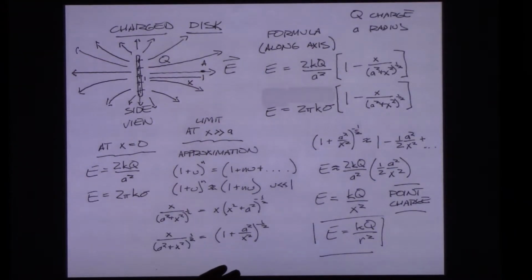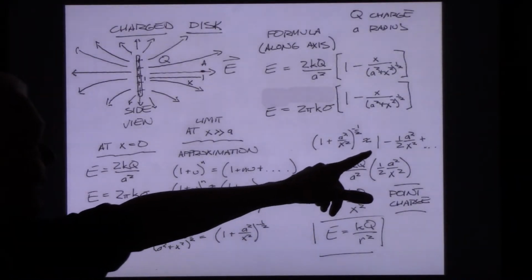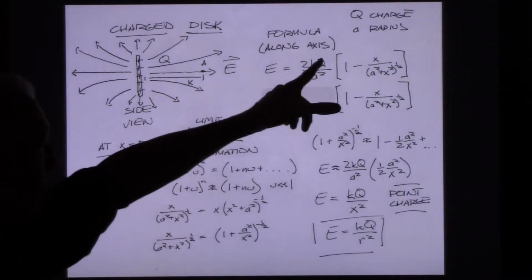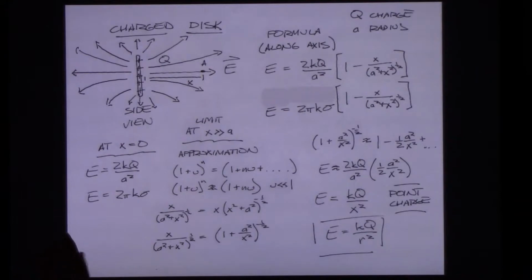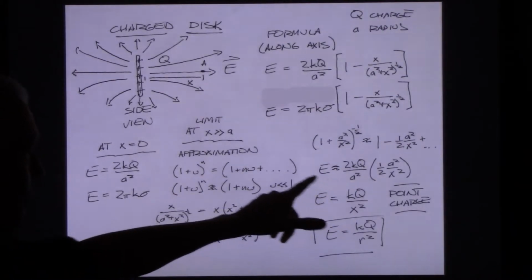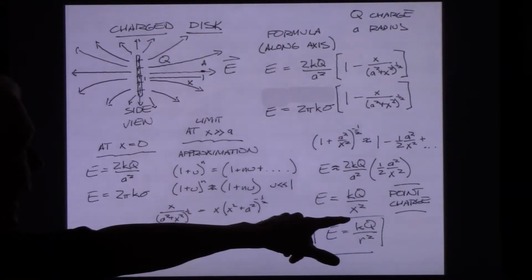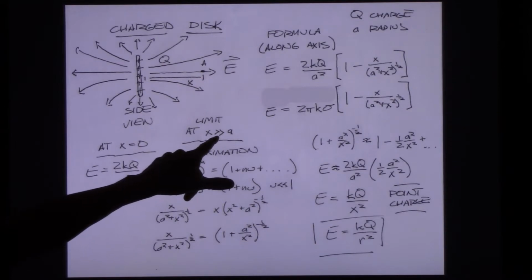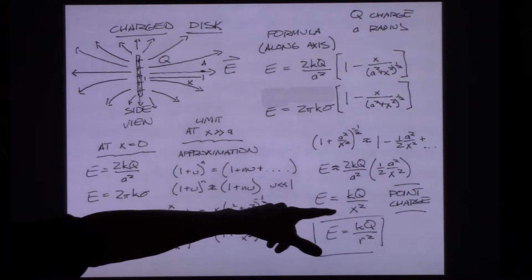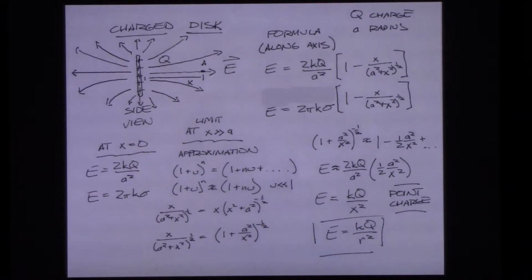I'm going to ignore smaller terms. The leading term canceled. So the 1s cancel, I keep one additional term, and I ignore the rest. And what that gives me is an expression for the E field as x gets really, really, really large, and look, it's a point charge.